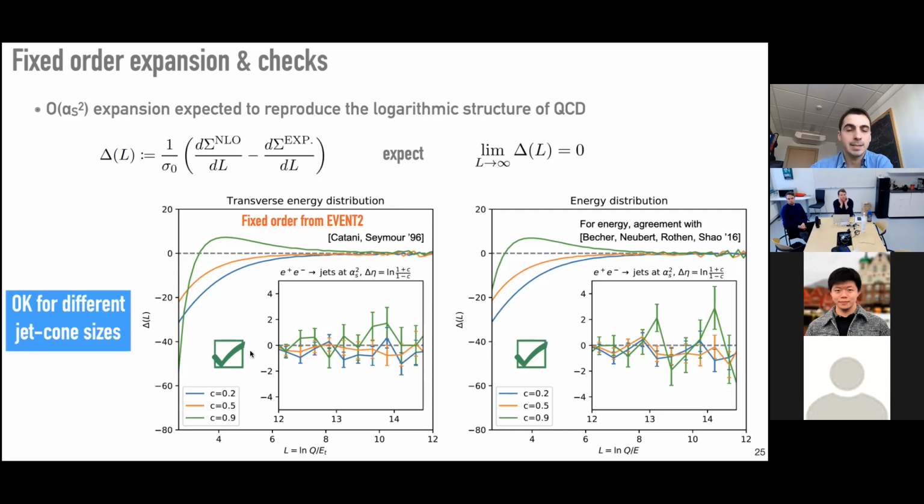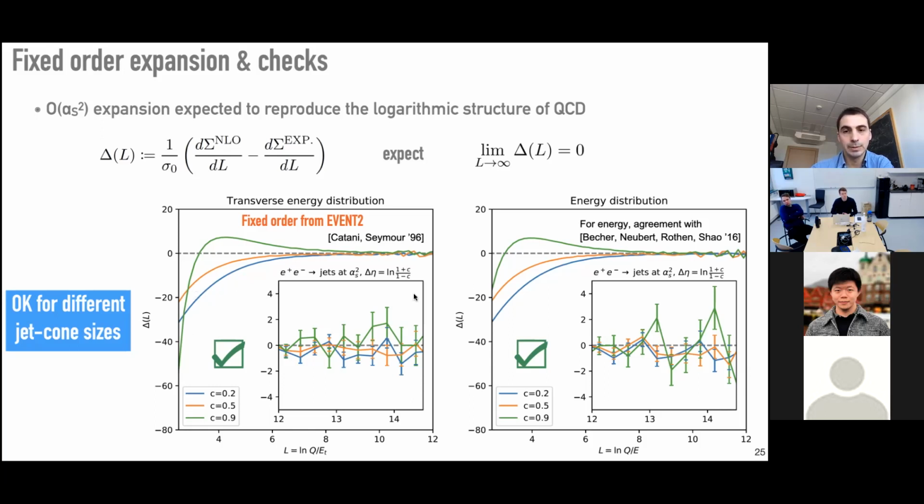But one peculiar test that is important is to expand a result to order alpha squared and compare it to a fixed order QCD calculation obtained, for instance, for this process with the public code Event2. So what we calculate is the differential distribution of our cross section with respect to the log of the observable, the large quantity, and subtract from the Event2 prediction our expansion. What we expect, if the next-to-leading logs are correctly computed, is that in the limit of L going to infinity, so when the log becomes very large, this difference has to go to 0.